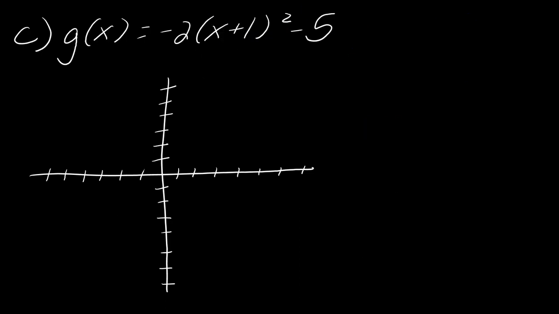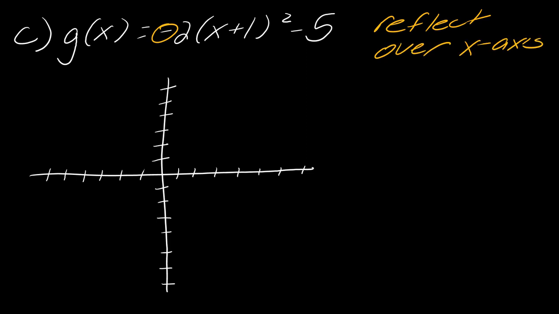Okay, so for C here, now I'm really throwing the kitchen sink at you. I'm also going to show you how we think through these other stretching and shrinking factors. All right. So this negative sign means that we're going to reflect over the x-axis, right?